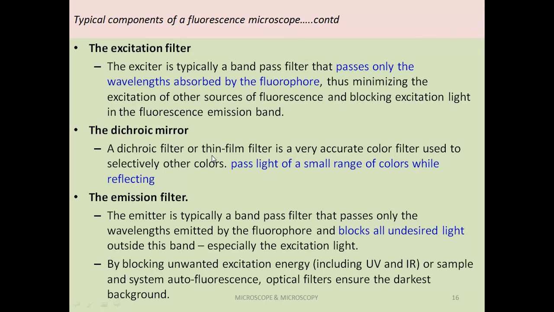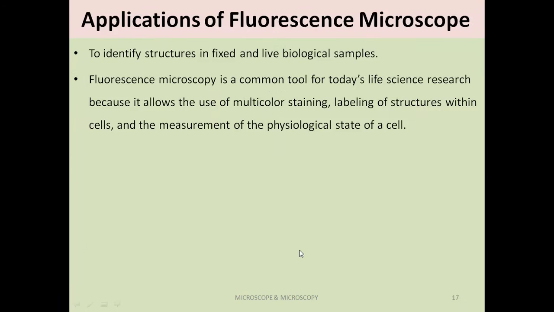The emission filter is typically a band pass filter that passes only the wavelength emitted by the fluorophore, that is the dye, and blocks undesired light. As discussed, it blocks out the residual blue light also. So only the green light passes to the eye, the ocular. By blocking unwanted excitation, UV and IR, sample or system autofluorescence, optical filters ensure the darkest background.